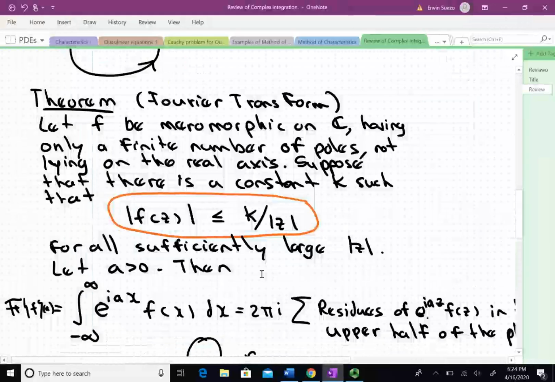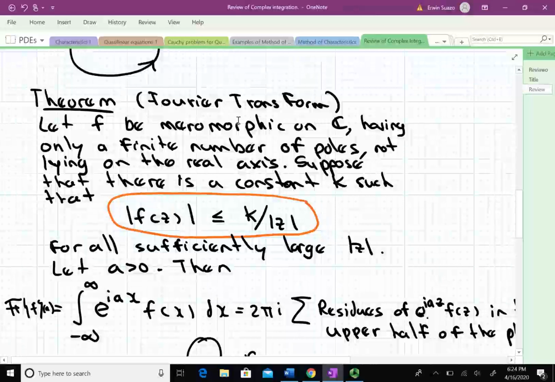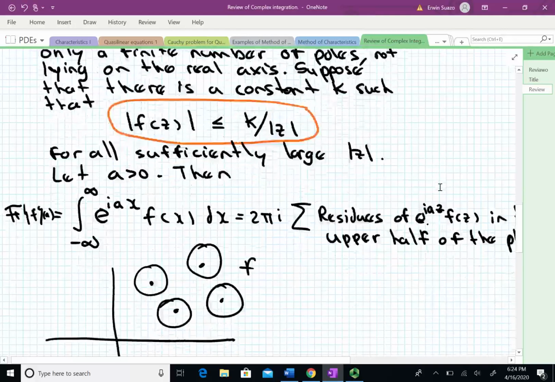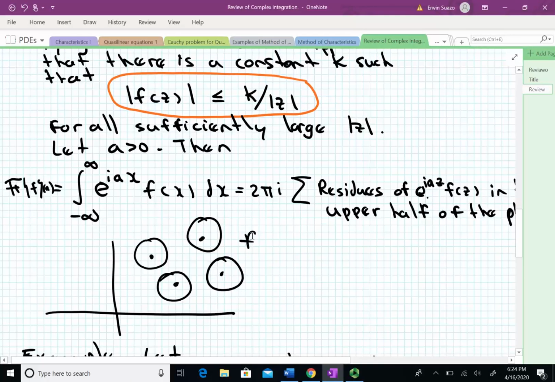So this is the Fourier transform. Let f be meromorphic, or analytic on the complex plane, having only a finite number of poles. That means singularities, so none on the real axis. Here is f, and these are the singularities.